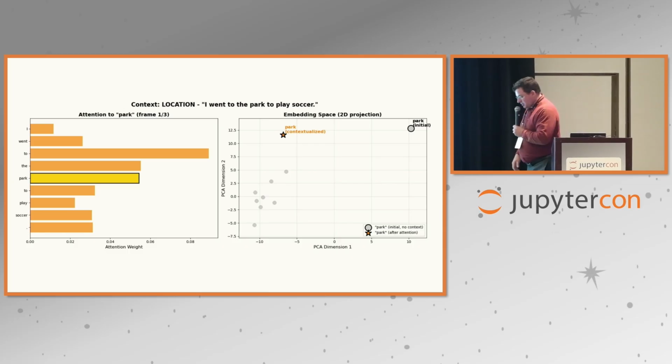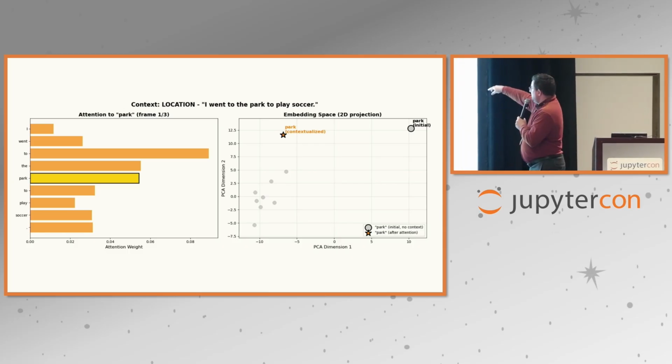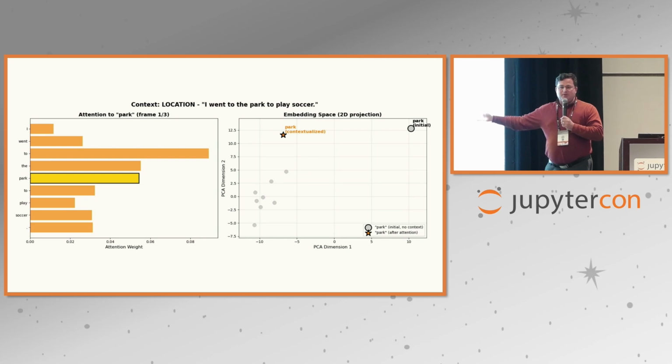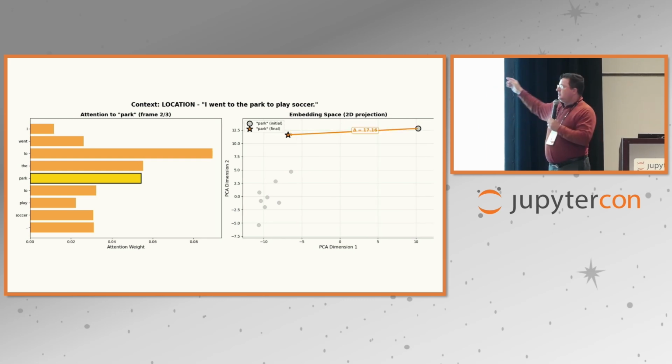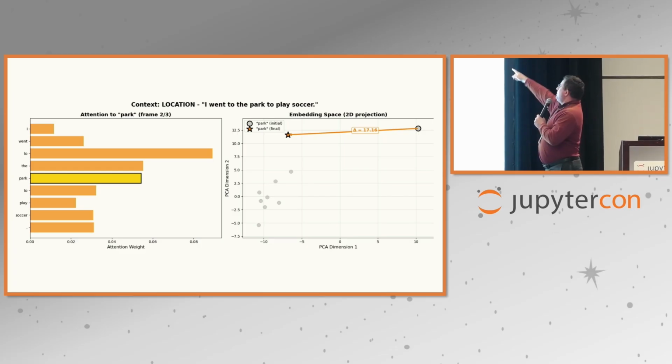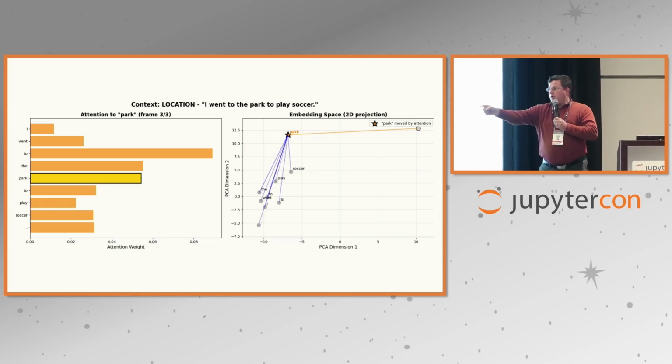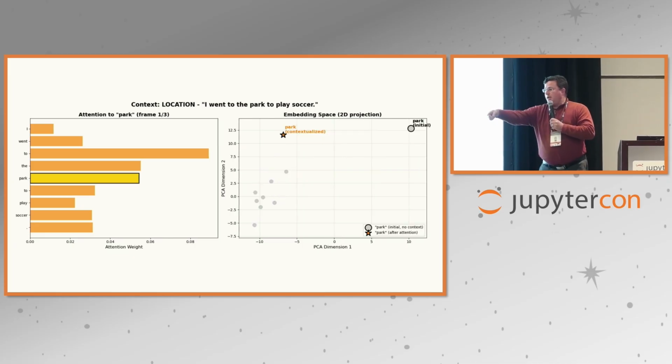So imagine if you had, this is the space. I'm just showing it as 2 dimensions. It's actually 768 dimensions. I'm doing the BERT model here. This is the embedding space for this sentence. Initially in this room, the word park would have been here in this open circle. The other words, the words soccer and play, are over here.